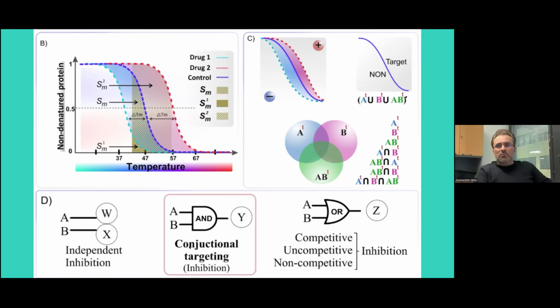And I can say, to the best of my knowledge, this is the only method that we can follow for the AND gate at the signaling level. So far, our knowledge about logical gates in biology relates to gene regulation and epigenetic studies.